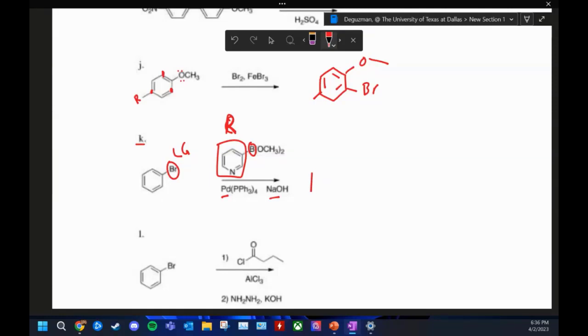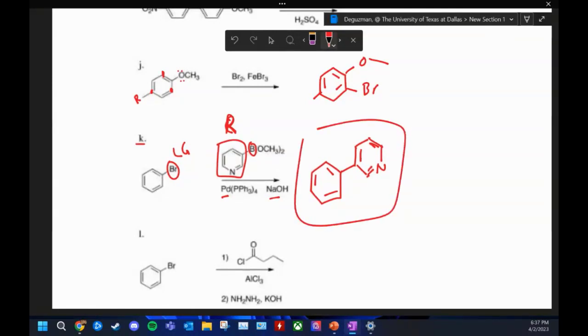So yeah, you can just directly replace it. Yeah, so that should be our solution right there. Makes sense? I kind of just flipped it, but it is the same molecule.